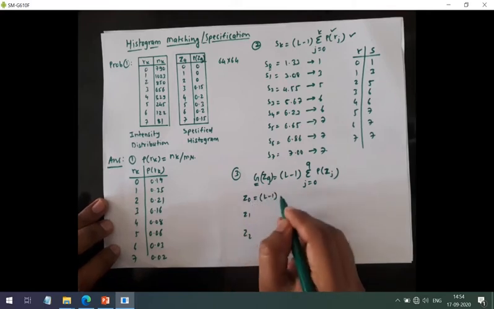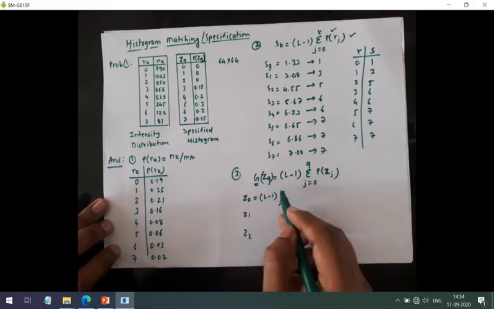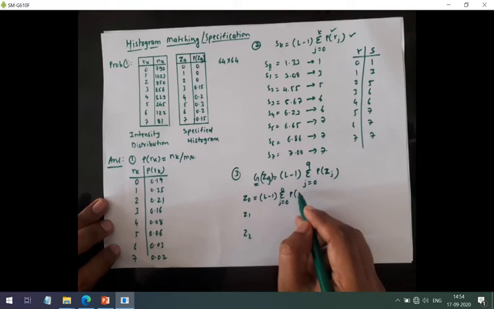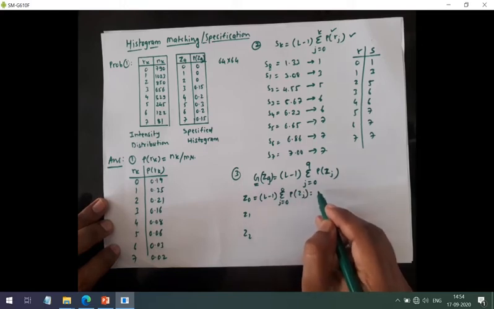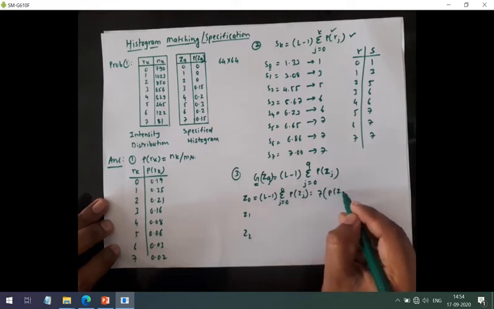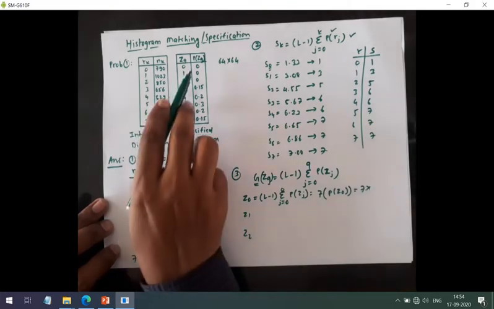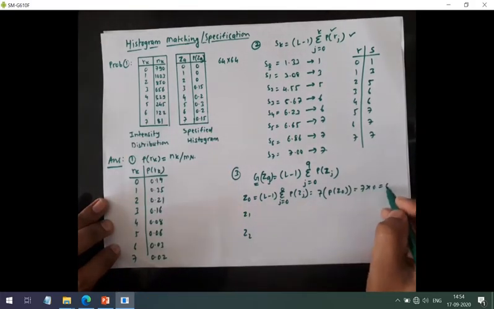So what will be the z0 value? L minus 1 summation j equals 0 and the value of q is 0. So 0 to 0 means a single value, that is 7 into p of z0, which is 0. That means 0.